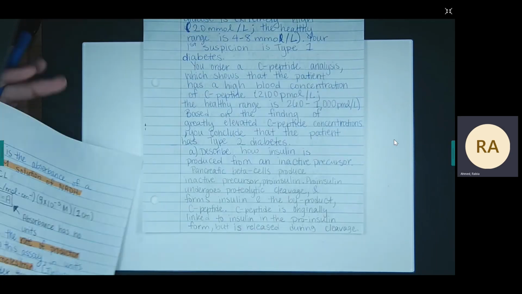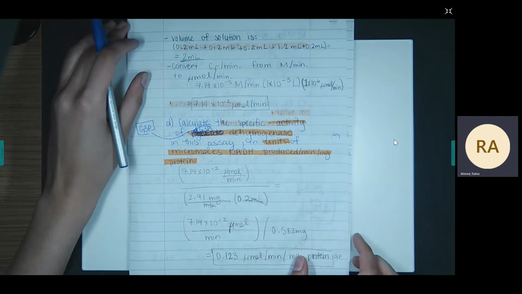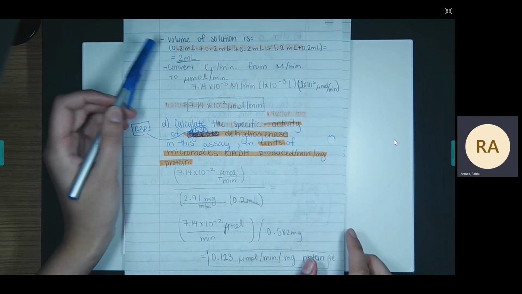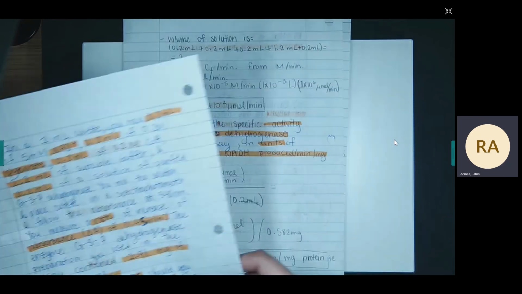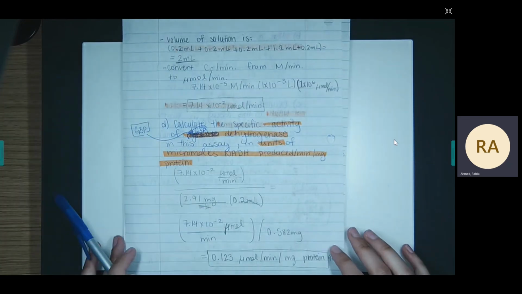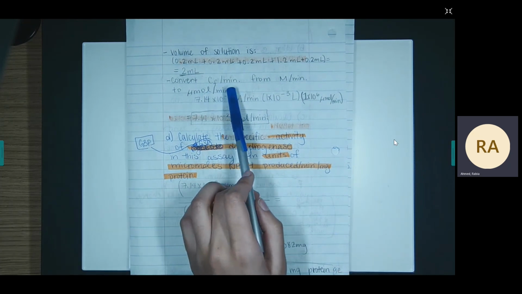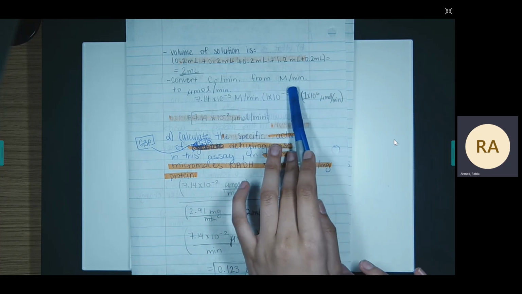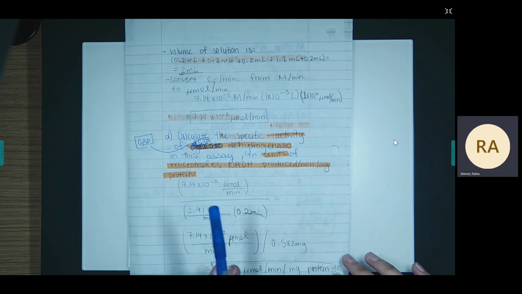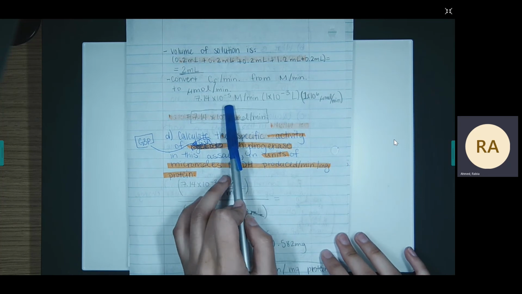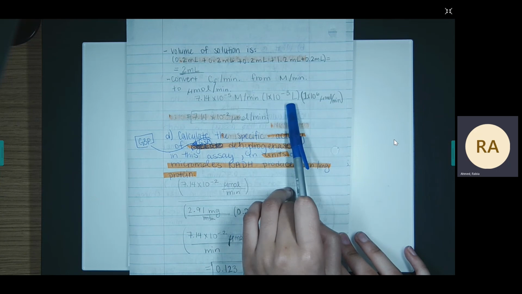So I still have not finished question C. The total volume of our solution is this. We get this from this little part here of the problem given to us. You add that together, you get 2 milliliters for the total volume. And so you have to convert it from the final concentration per minute to micromoles per minute. So we got 7.14 times 10 to the negative fifth molar over minutes, and then you multiply this.